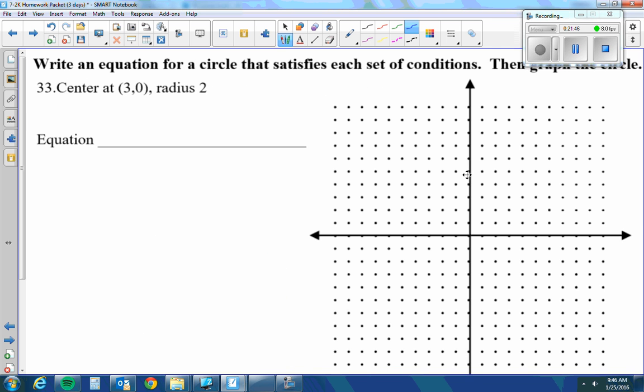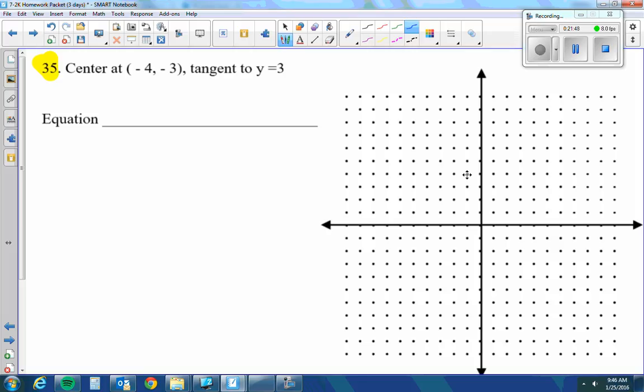Maybe, oh no, find these. These shouldn't be too bad, as long as you know what they're talking about. We're going to draw the graph in this one. I'll do the graph and you write the equation.